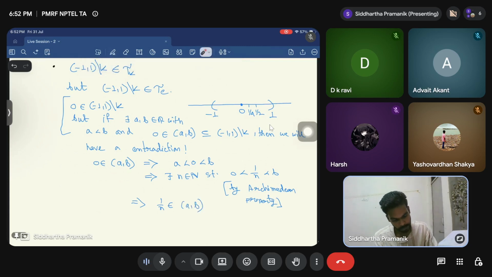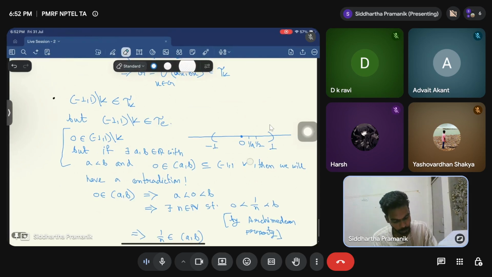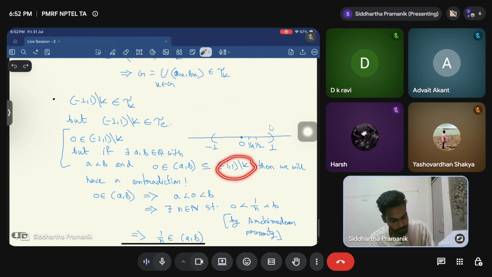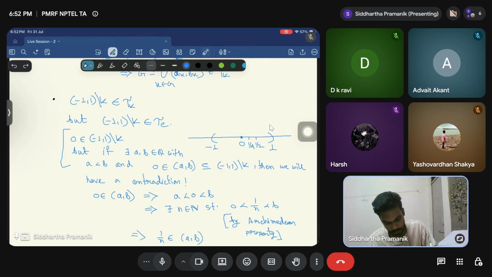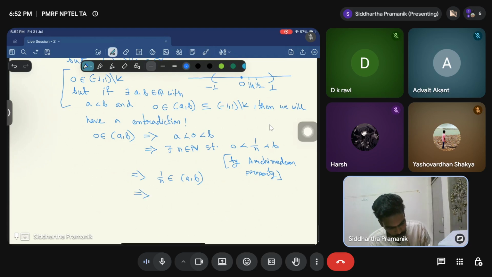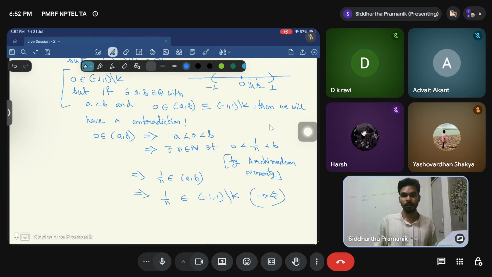But we are subtracting k from this, and k consists of 1/n, so that is not possible, right? So this will imply 1/n belongs to (-1, 1) minus k, and this is a contradiction. Okay.